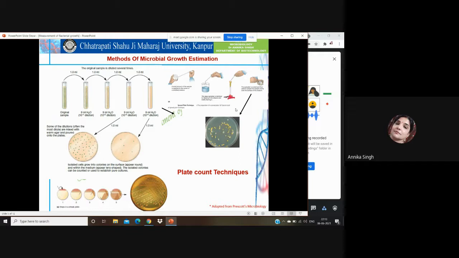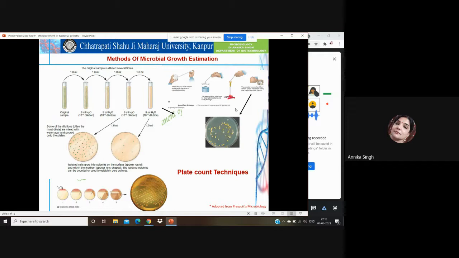So it is impossible to get an accurate count, and for those cases the most probable number approach is used for determination of the approximate count of the microorganisms.